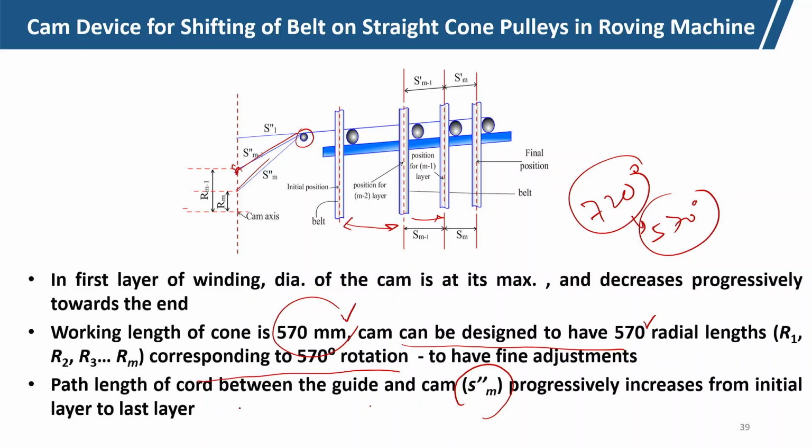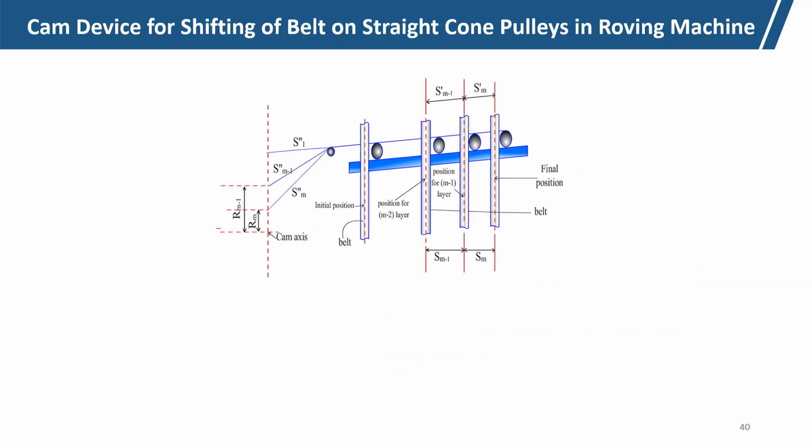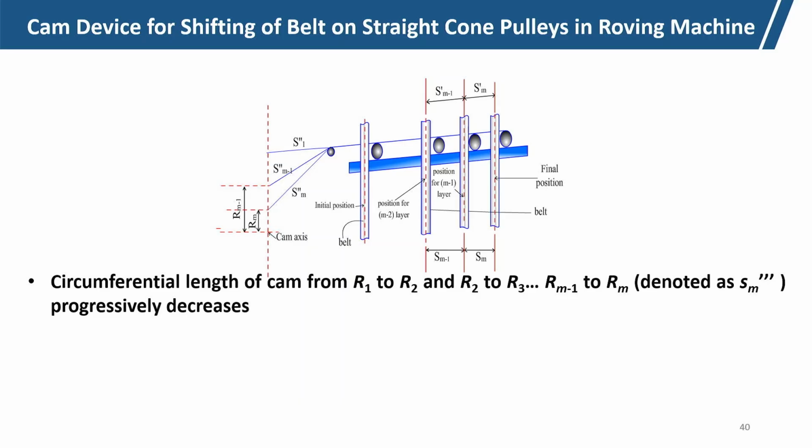Between the guide and cam, this length S double dash m progressively increases from the initial layer to the final layer. You can see S double dash m minus 1, m. So, with every layer it increases.